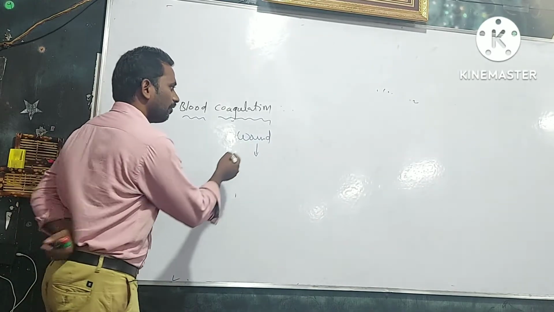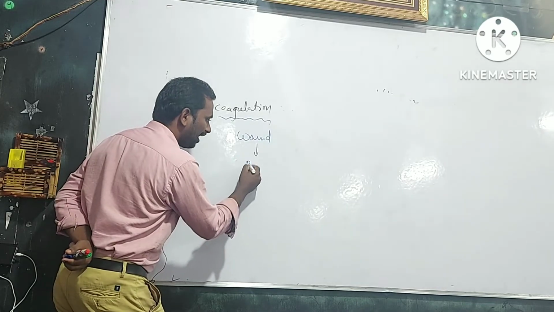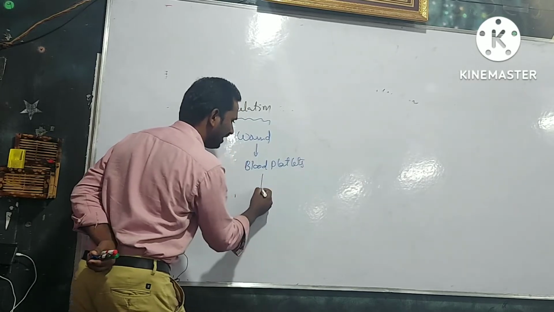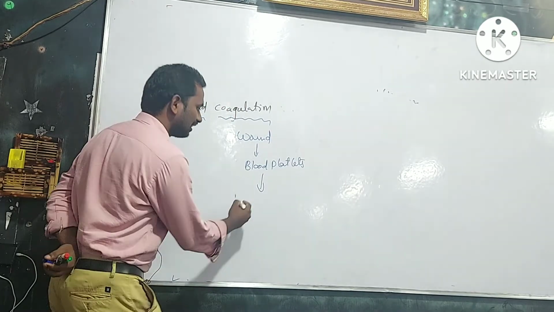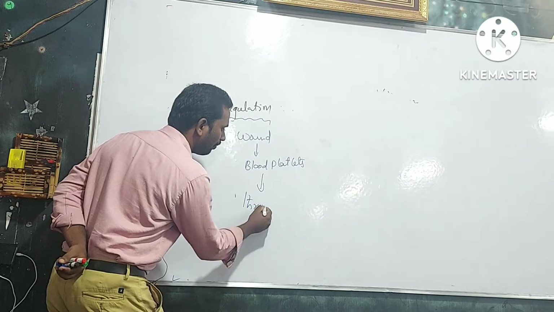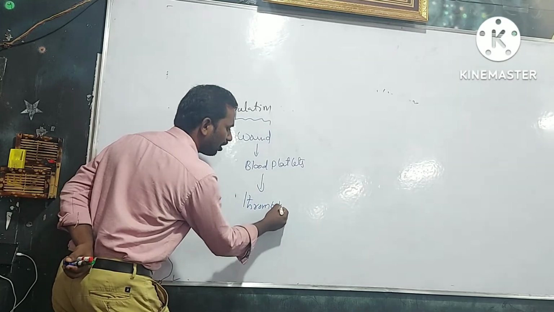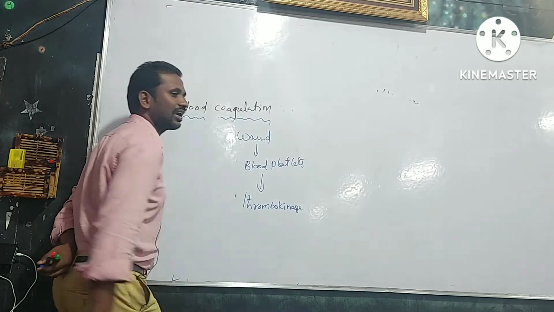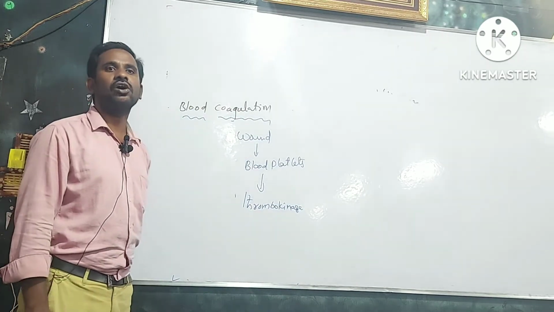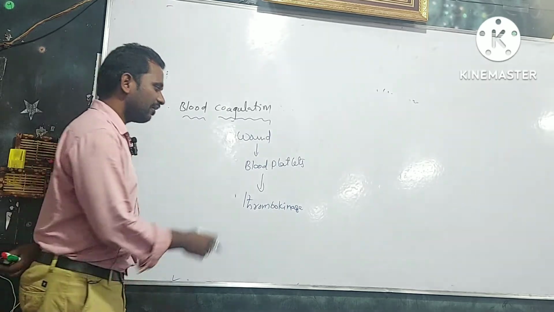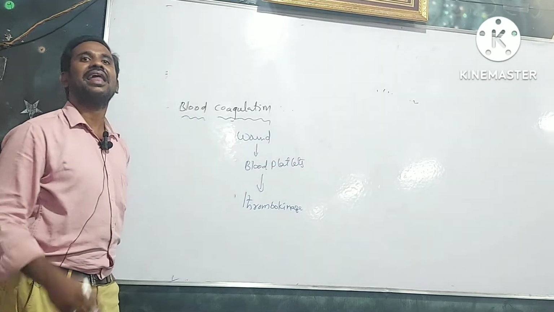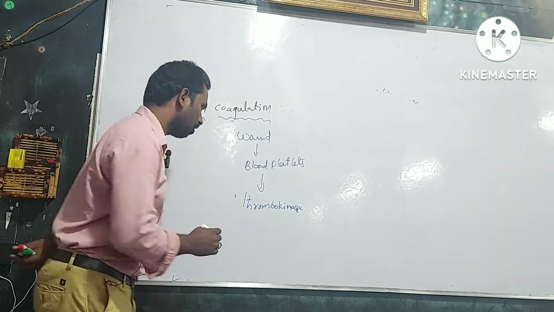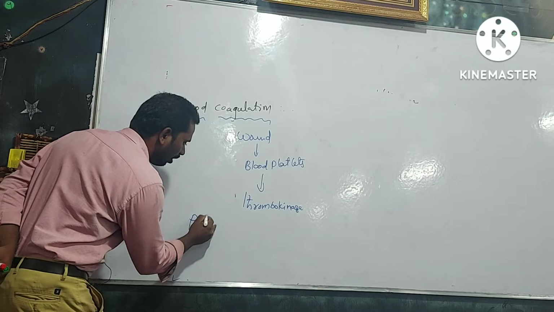The importance of vitamin K is to initiate the blood clotting mechanism. So when you get a wound, blood platelets release one enzyme known as thrombokinase. This thrombokinase can activate another inactive enzyme, prothrombin.